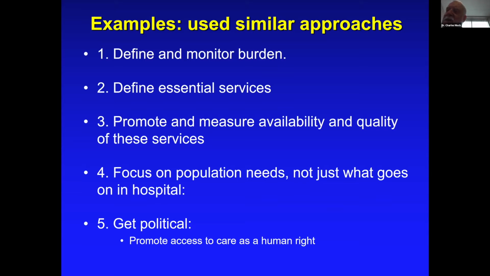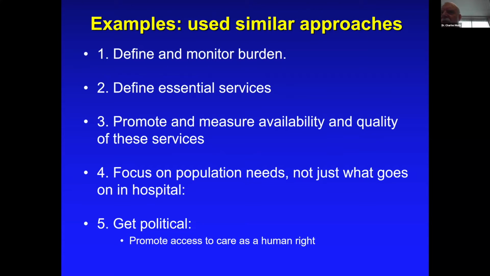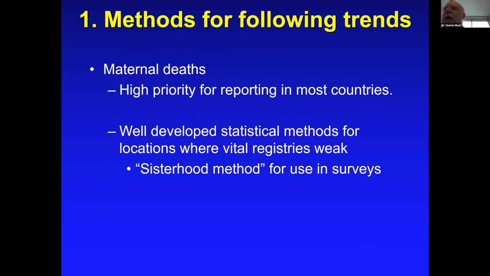Many people are dying or suffering from morbidity from surgical conditions without ever accessing care. And in order to accomplish much of this, we need to get political and promote access to care as a human right.